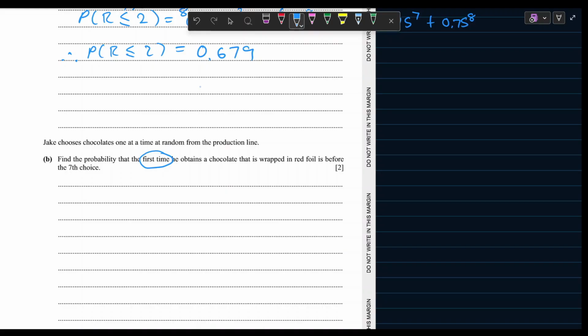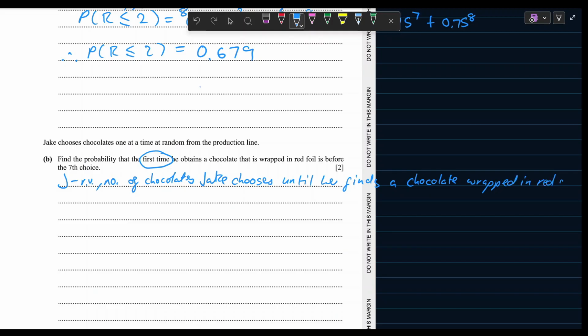So we can say let J be the random variable, number of chocolates Jake chooses until he finds a chocolate wrapped in red foil.